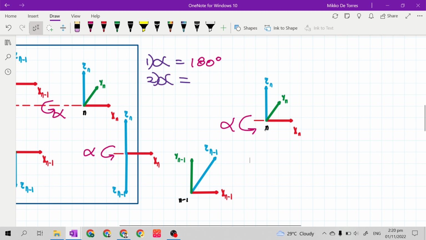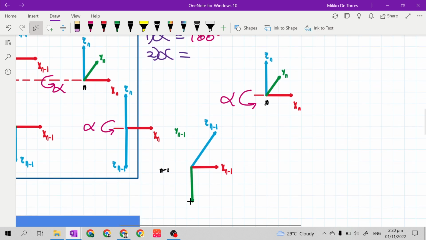Then according to the right hand rule, y sub n minus 1 will point downward. So this is frame n minus 1, and it should follow the D-H frame rules.